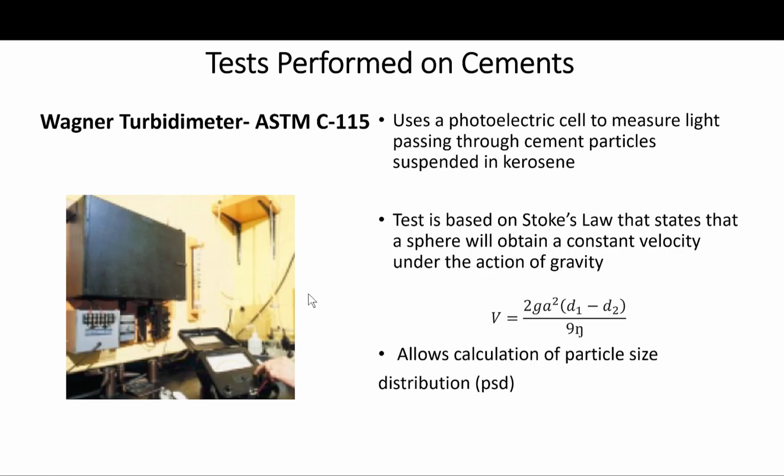The cross-sectional area of the particles intersecting the beam can be determined by measuring the light intensity. The test is based on Stokes' law, which states that when a small sphere falls through a viscous medium under the action of gravity, it ultimately acquires constant velocity, according to this equation right here.